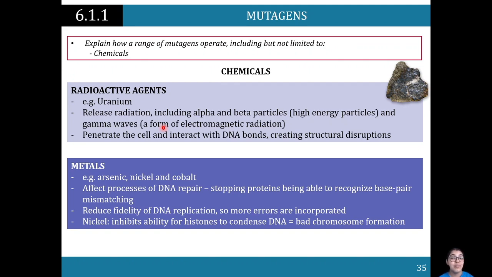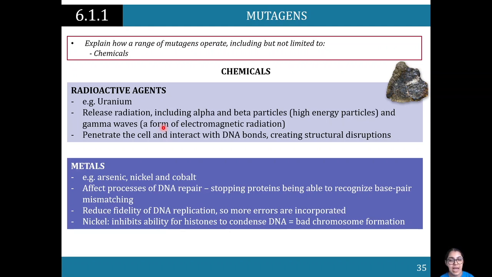In terms of metals, the metals that are mutagens include arsenic, nickel, and cobalt. Being exposed to them for a long time can affect the integrity of the DNA repair system. We have our own inherent repair system that tries to fix as many mutations as possible.